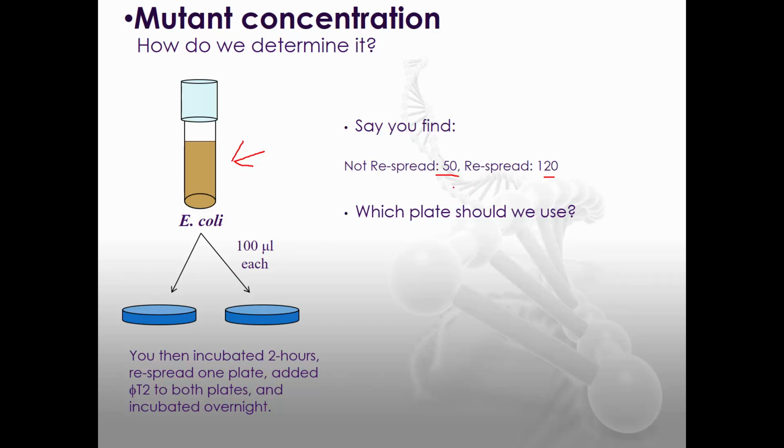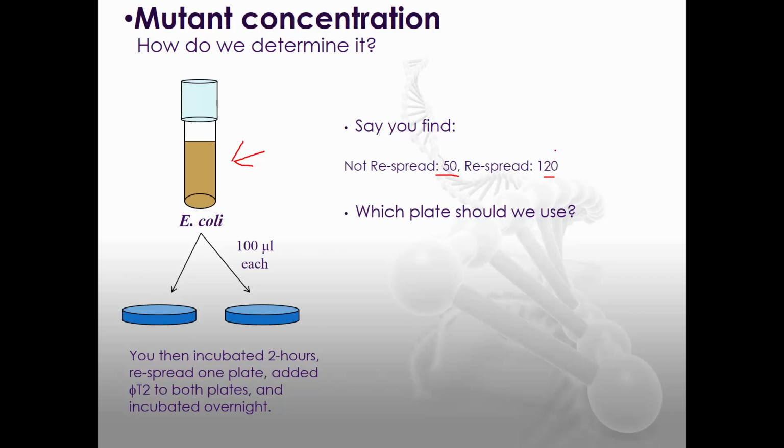The real answer for both of these plates is that about 50 mutants per 100 microliters is what was put on the plate. And so that's what we're going to want to use. 50 mutants per 100 microliters is what we're going to use for our count. Okay, and so we'll move that forward to when we do our calculation.